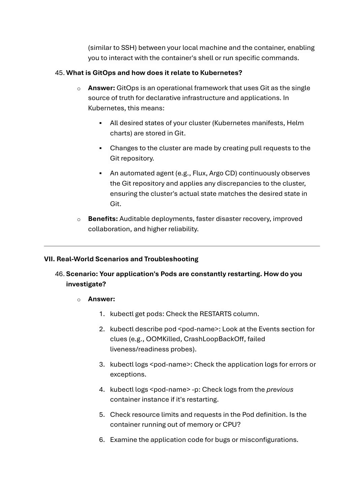An automated agent, for example Flux or Argo CD, continuously observes the Git repository and applies any discrepancies to the cluster, ensuring the cluster's actual state matches the desired state in Git. Benefits: auditable deployments, faster disaster recovery, improved collaboration, and higher reliability.